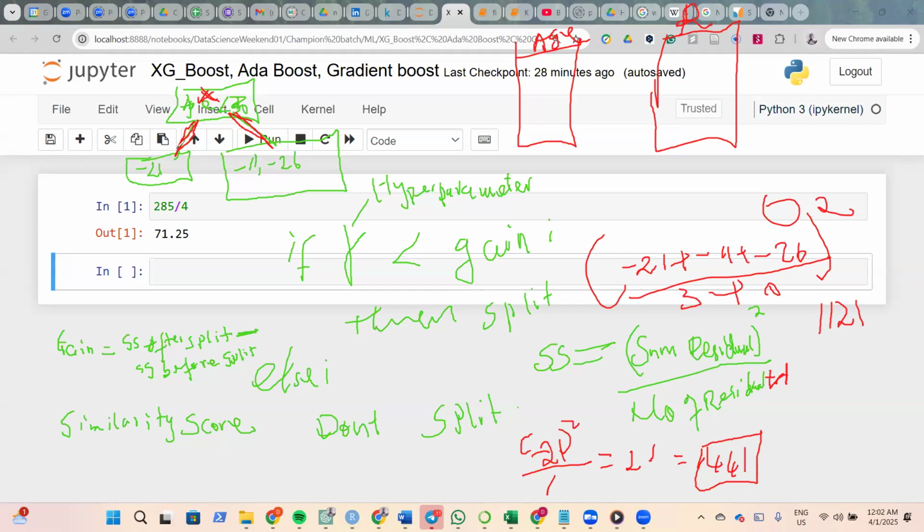So let's see. For us to split this branch, we are going to check whether the gain is more than the value of alpha. Let's say our value of alpha is 100.